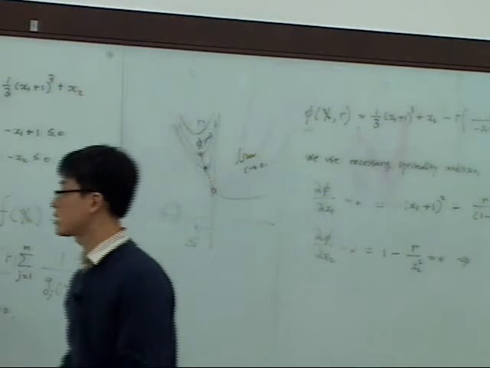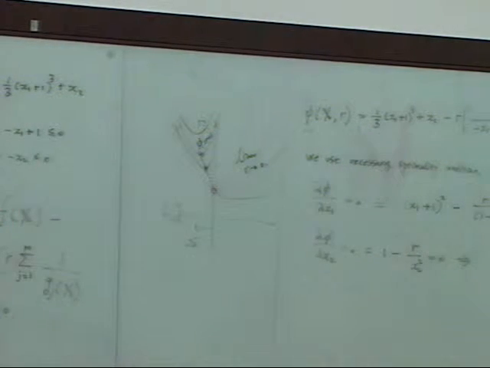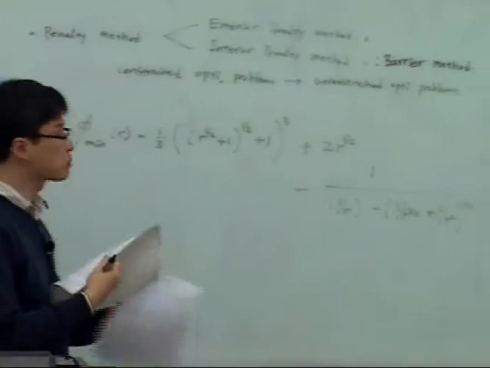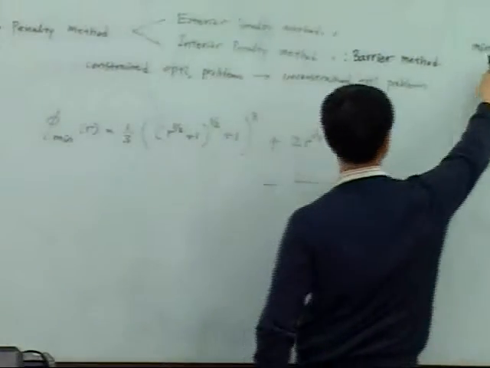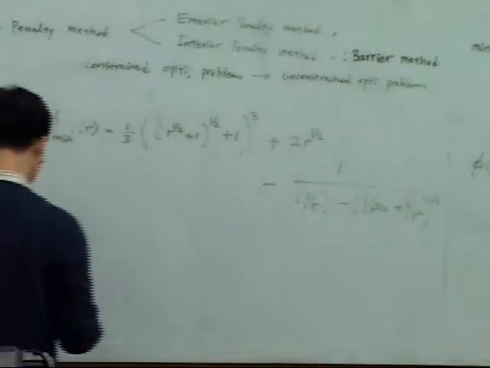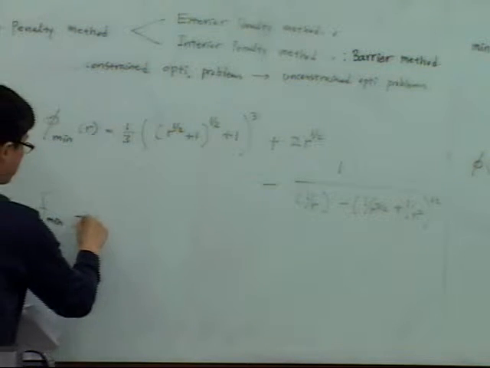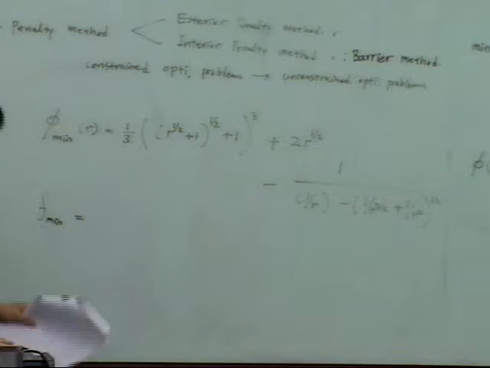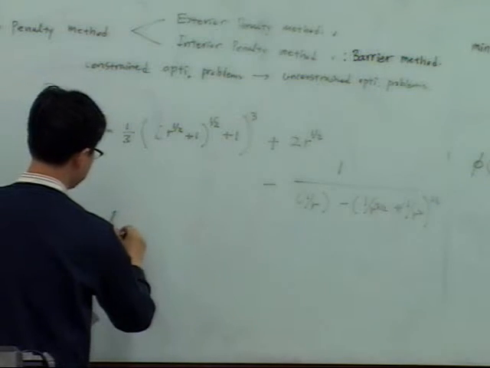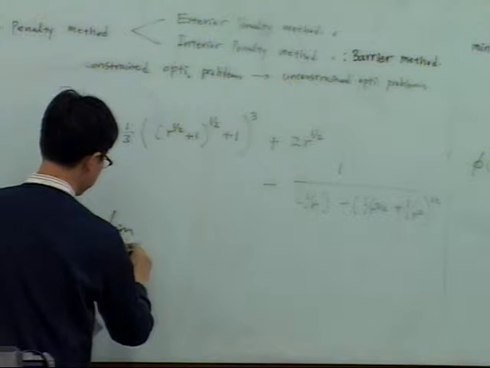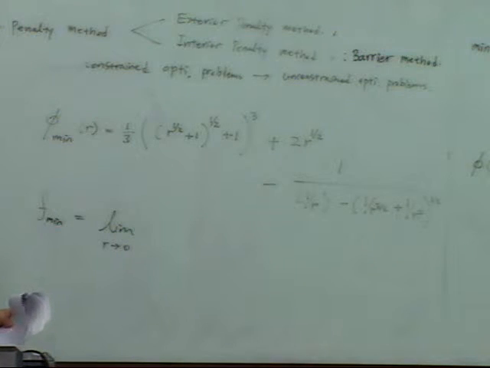So, the next step is to obtain the solution of the original problem. This. So, the minimum value of our original function is nothing more than the limit value when R approaches 0.